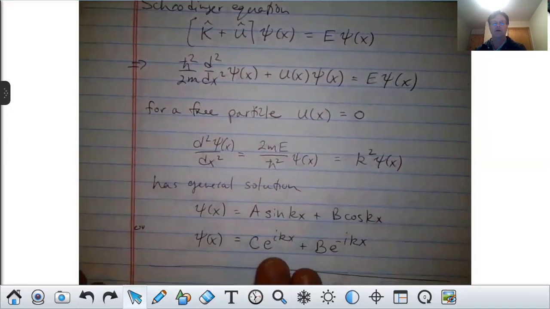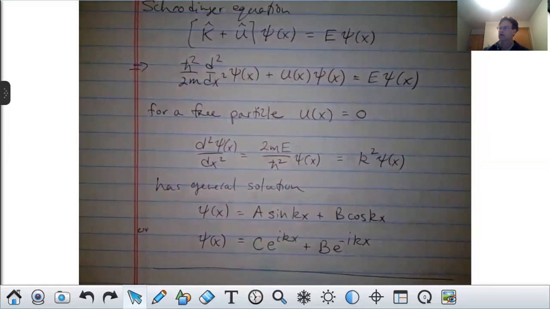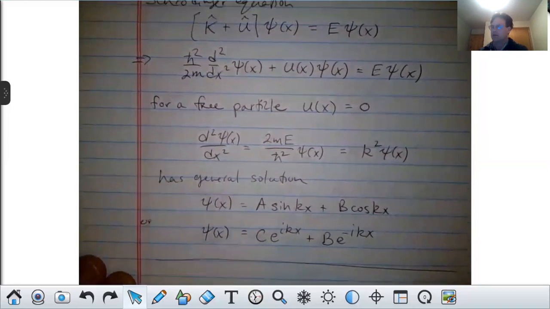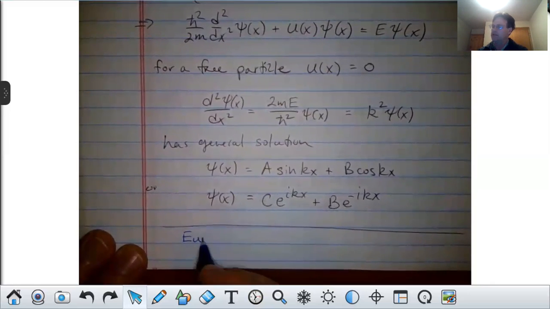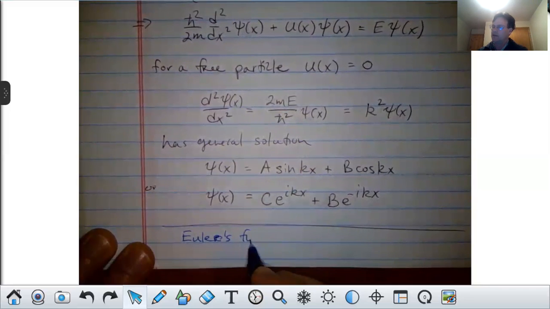And for this free particle, you can write the general solution in a couple different ways. You can write it as a sum of sine and cosine. Now you could also write it as a e to the ikx plus b e to the minus ikx, because I don't know if you've dealt with complex variables very often, but there's something called Euler's formula.